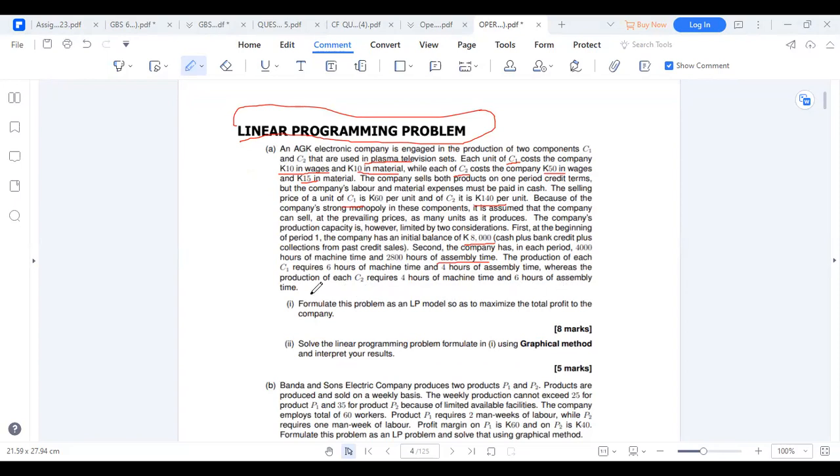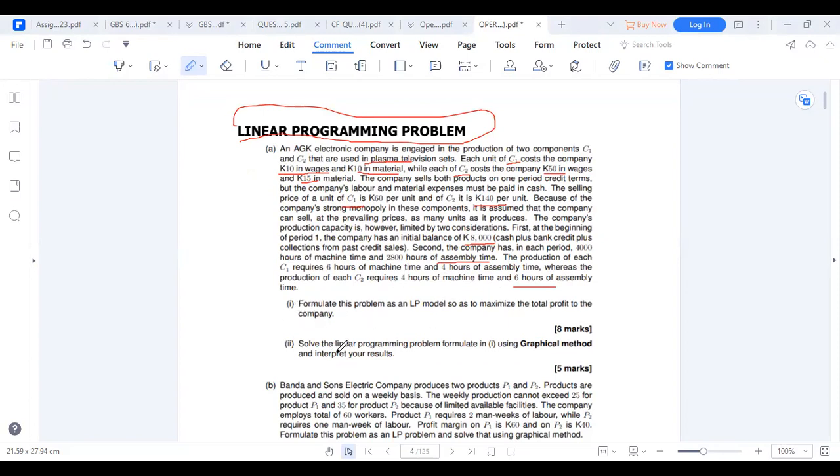Whereas the production of each C2 requires 4 hours of machine time and 6 hours of assembly time. We need to formulate this problem as a linear programming so as to maximize the total profit to the company.